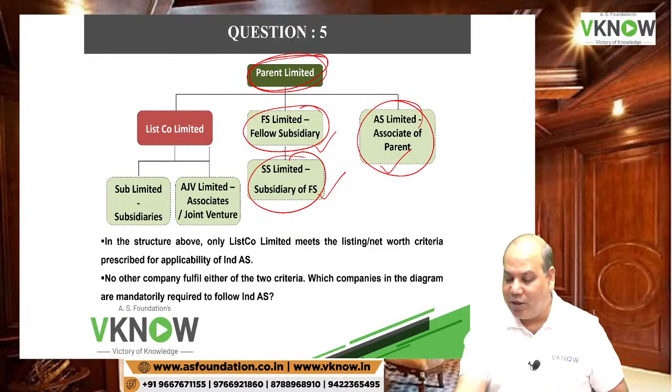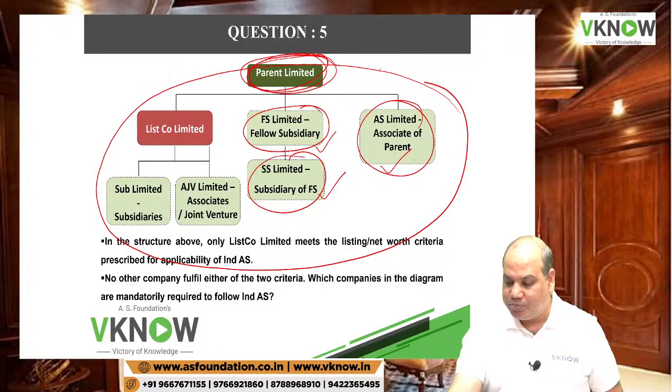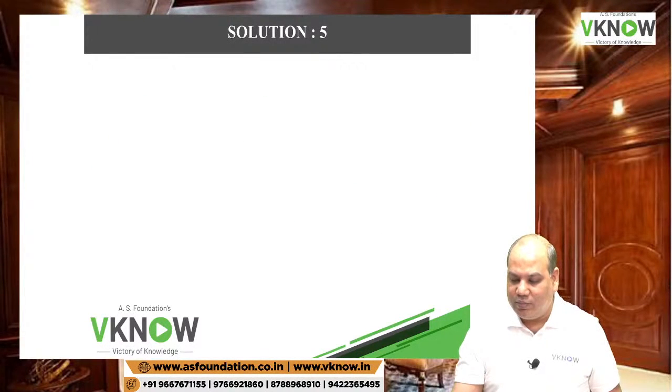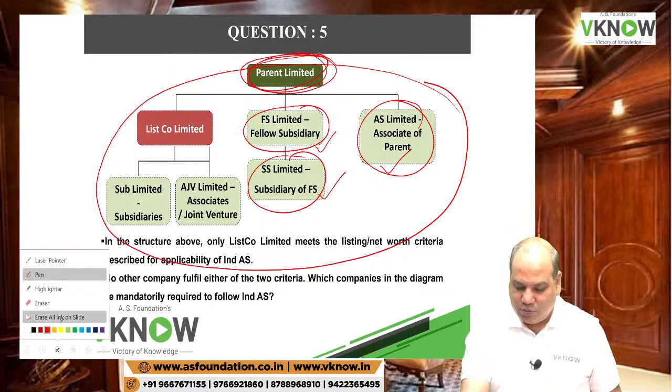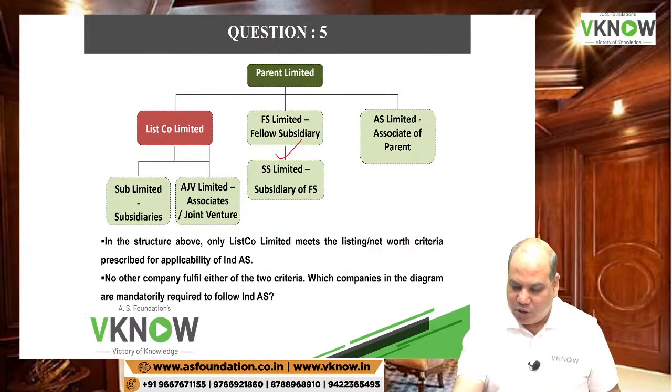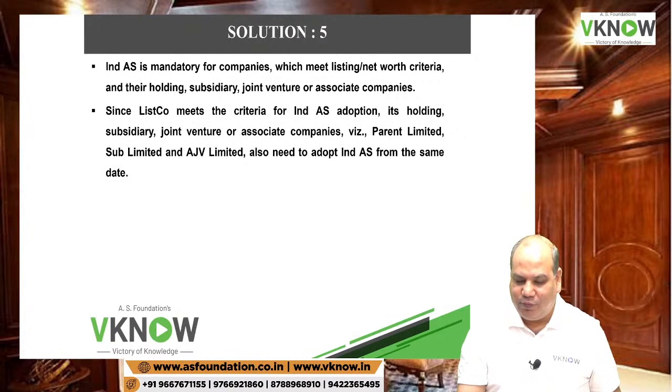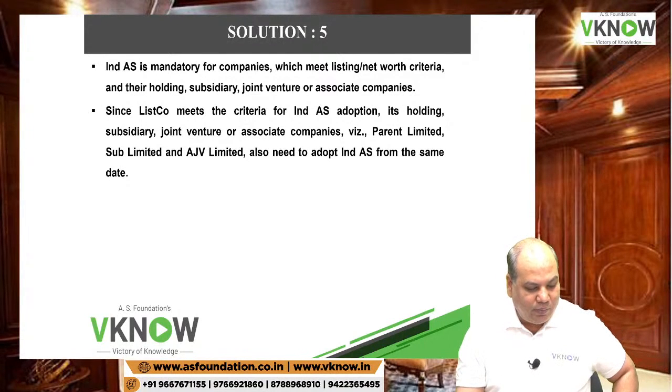So once this parent requires consolidation, everybody in the group will have to prepare Ind AS based financial statements. So theoretically, Ind AS is not applicable to these three, but practically they will follow Ind AS. Otherwise, prepare two sets of accounts. So now I will tell you how to present the answer.